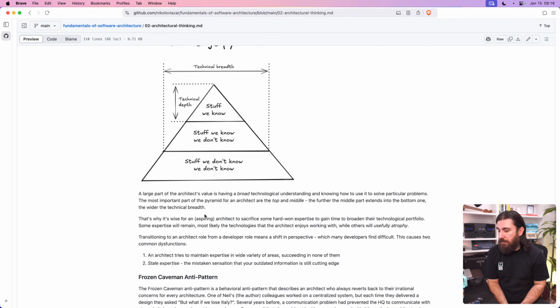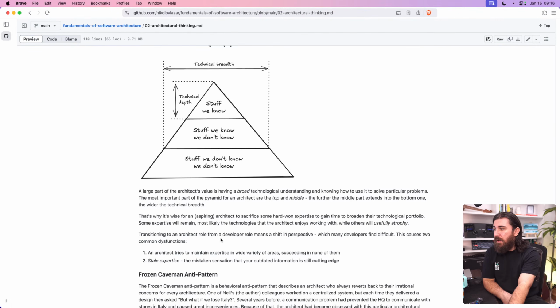We are developers, for starters, and we focus on getting technical depth, but some developers decide to move into software architecture, into the architect role, and they need to sacrifice some time instead of focusing on depth to actually broaden their technological portfolio, the technologies, the concepts, etc. Of course, some expertise will remain, most likely the technologies that the architect enjoys working with.